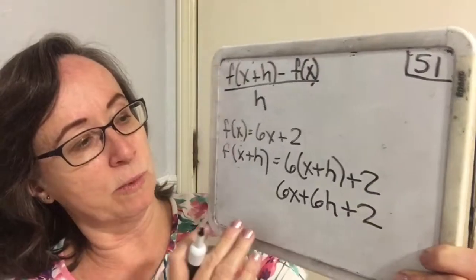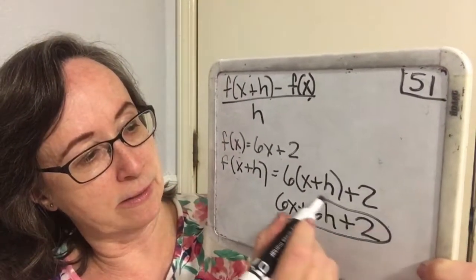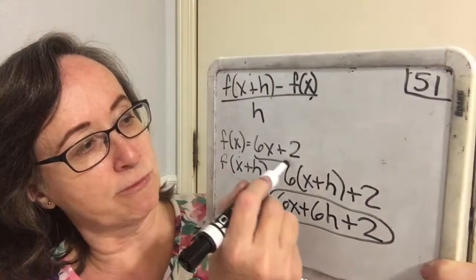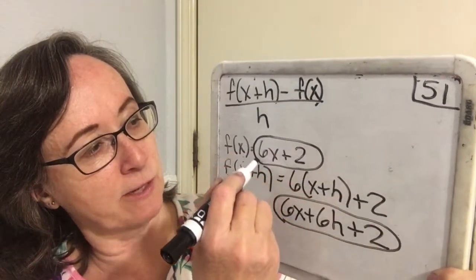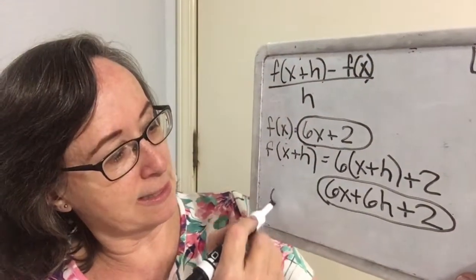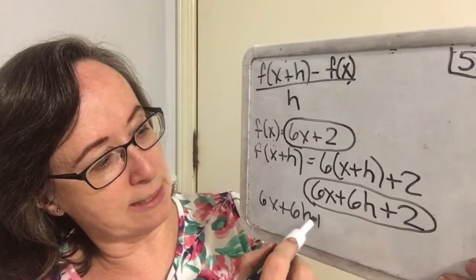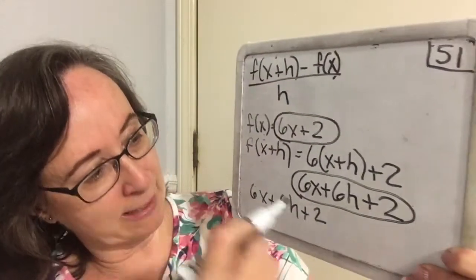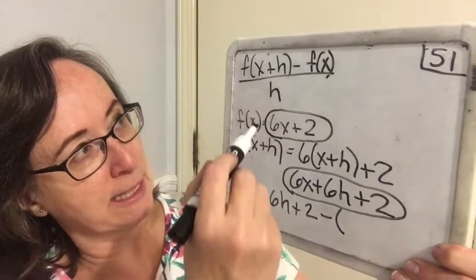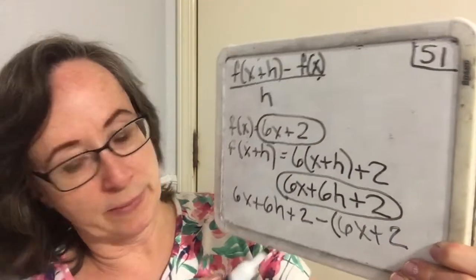Okay, so now we're going to take our f of x plus h expression here, and we're going to subtract from it our f of x function, and then we're going to divide by h. So we're going to get 6x plus 6h plus 2, and then take away parenthesis 6x plus 2.